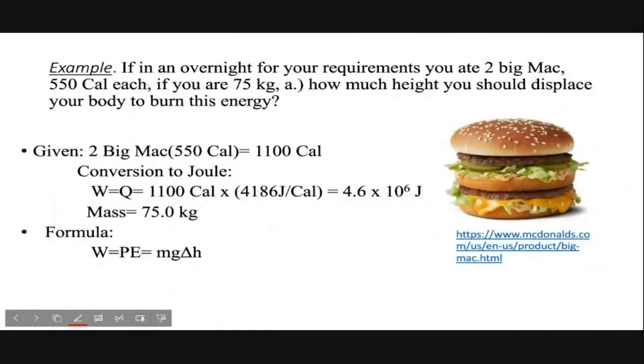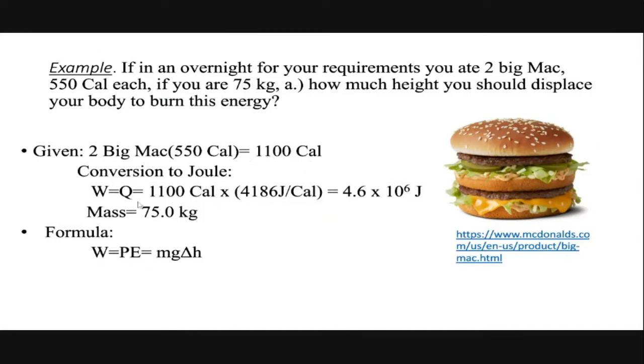Example: if, overnight for your requirements, you ate two Big Mac, 550 kilocalories each, and if you are 75 kilograms, how much height should you displace your body to burn this energy? A very good approach to solve our problem is to identify the given. In this case, we have two Big Mac, 550 Calories each, times 2, that is equal to 1100 Calories.